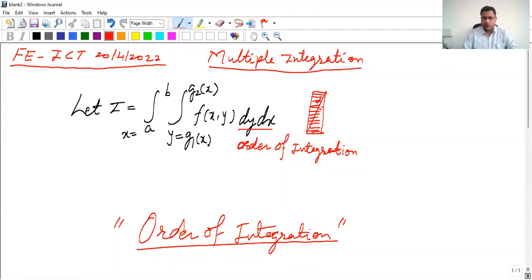So here we consider the vertical strip, with its width and length: this is dx, and here this is dy.